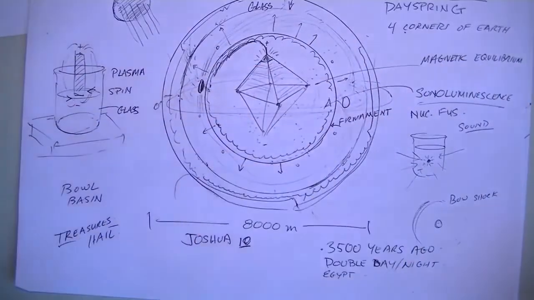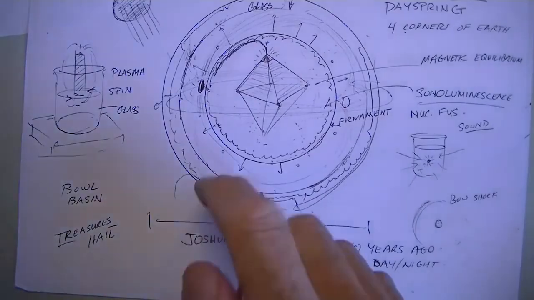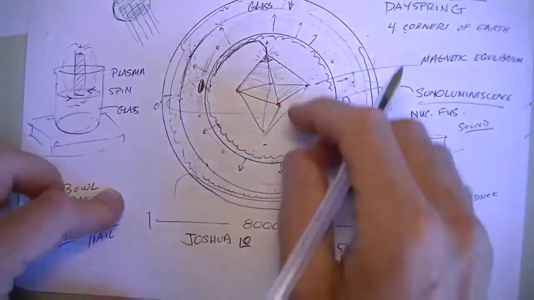So, going back to Joshua chapter 10, the verse before that, it says, "And it came to pass, as they fled from before Israel, and were in the going down to Beth Horon, that the Lord cast down great stones from heaven upon them unto Azekah, and they died. There were more which died with hailstones than they whom the children of Israel slew with the sword." So hailstone and sun stop, okay?